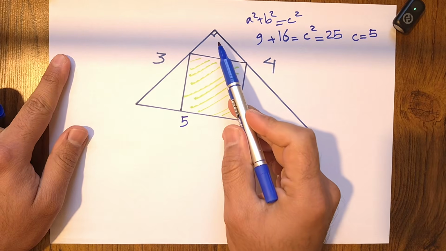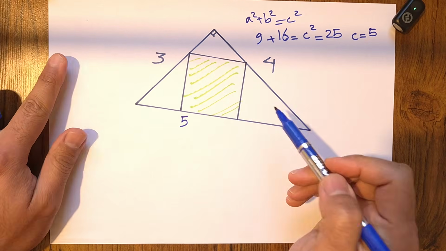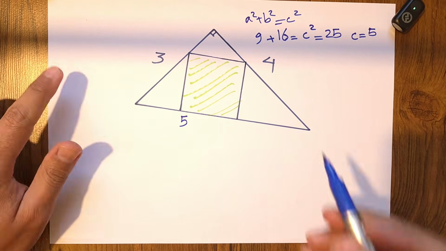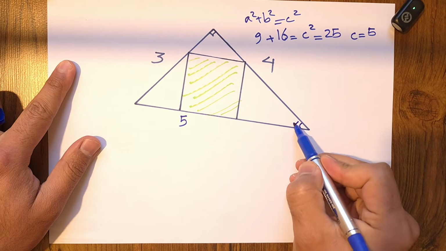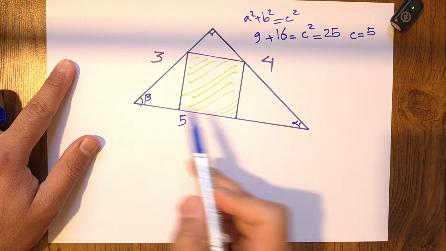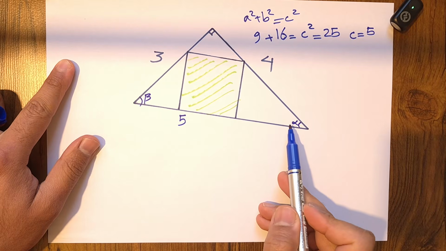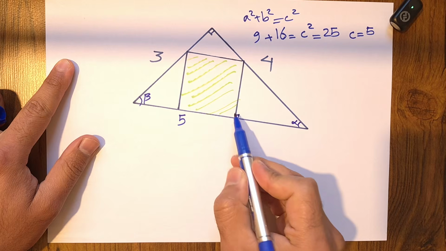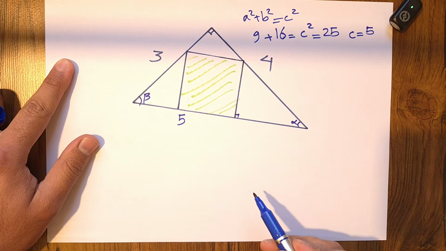Let's now prove that these little triangles are similar. They are similar, but let's prove it. Let's name this angle alpha and this angle beta. So alpha plus beta equals 90 degrees. This angle is also 90 degrees because that's a square.